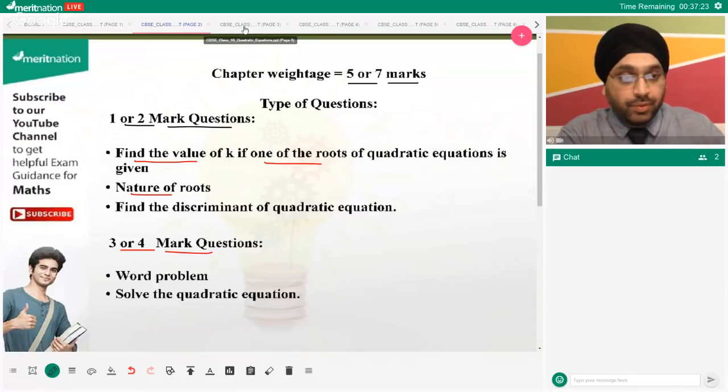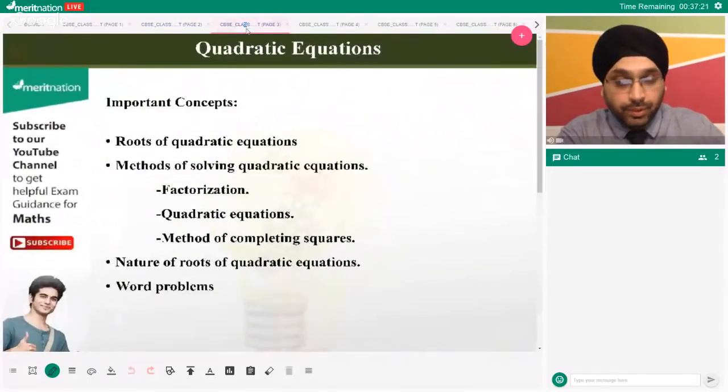So, let's move forward. Now, let's quickly summarize the important concepts we are going to discuss in this session. First of all, we need to be very thorough with the meaning of roots of a quadratic equation.